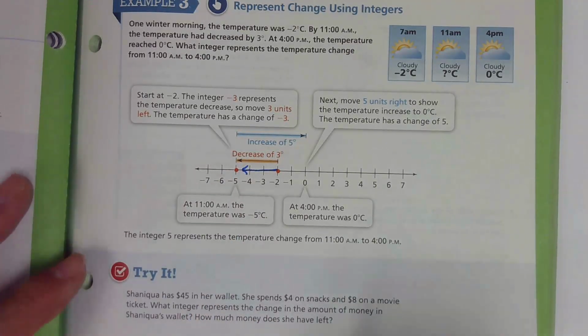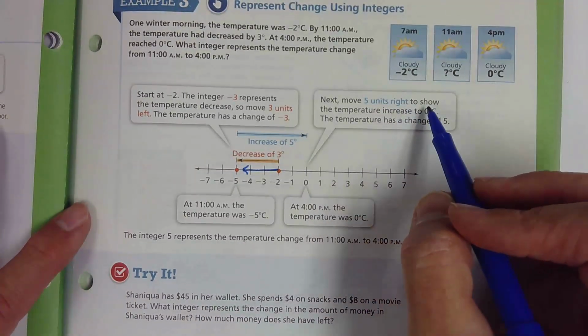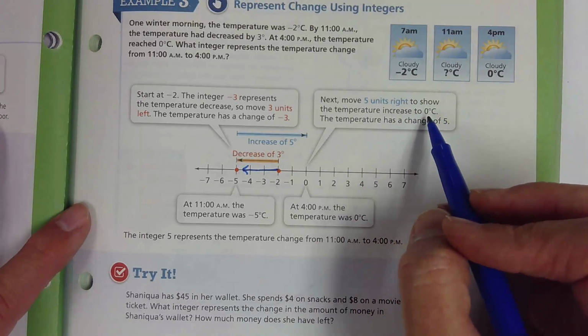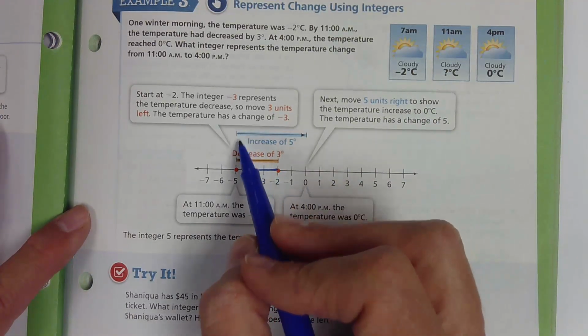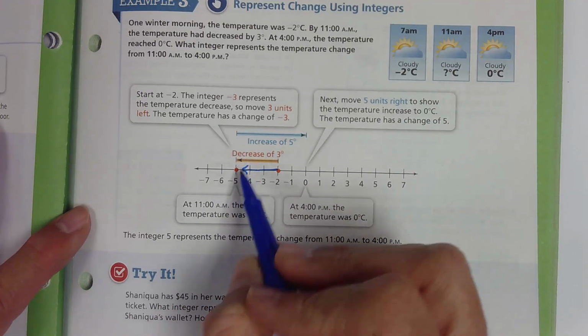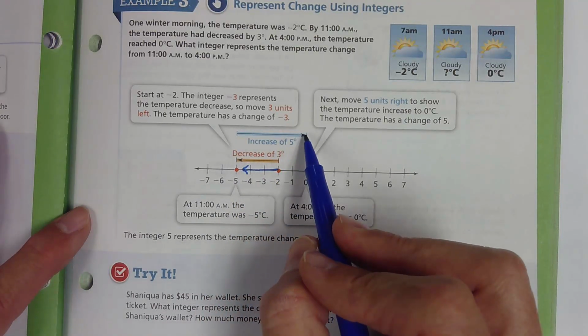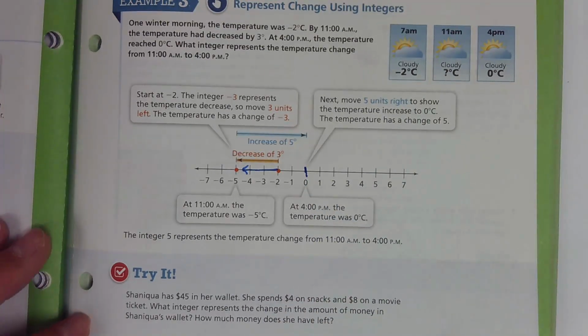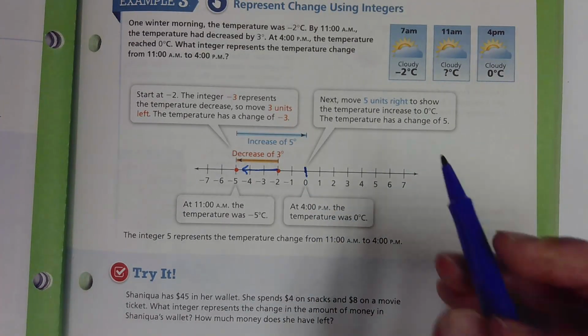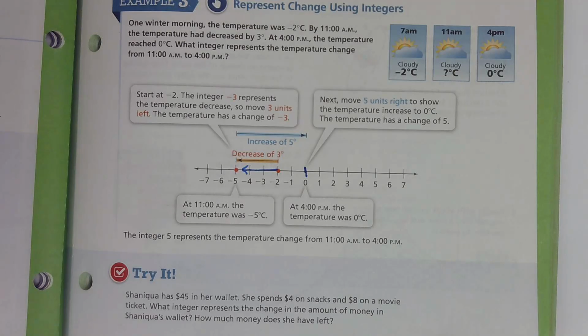And then it says, next, move 5 units to the right to show that the temperature then increased to 0. And that's what they have in the blue here. Now it's gone from -5 right here all the way back to 0. And so the temperature had a total change of 5 degrees.